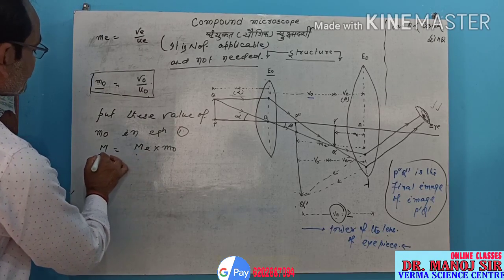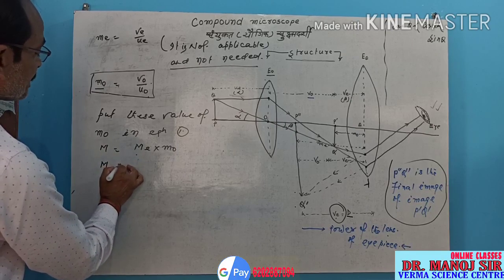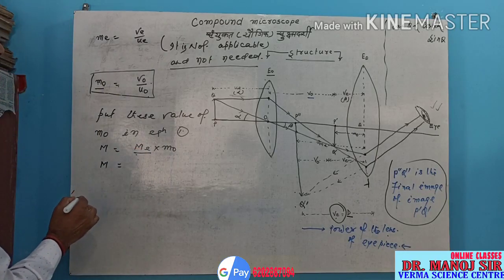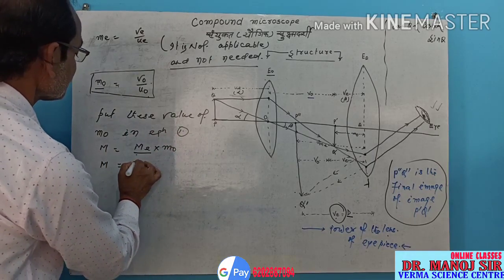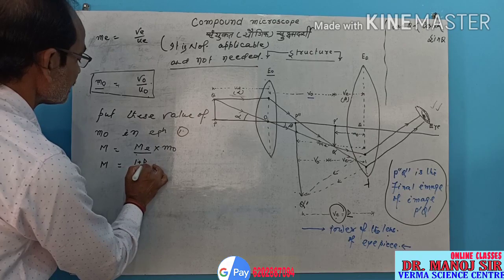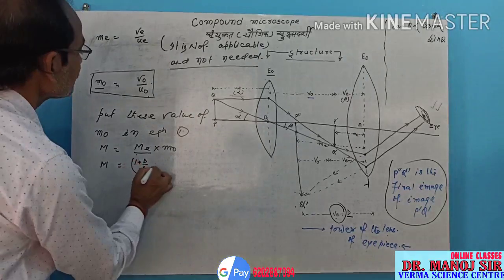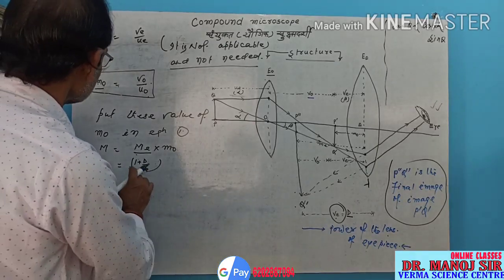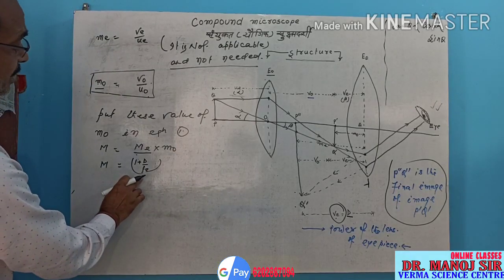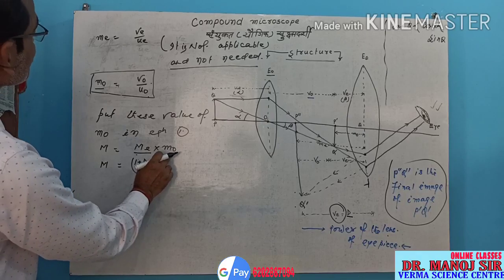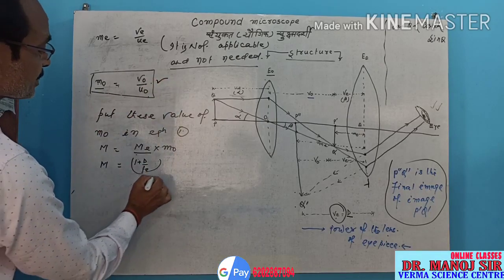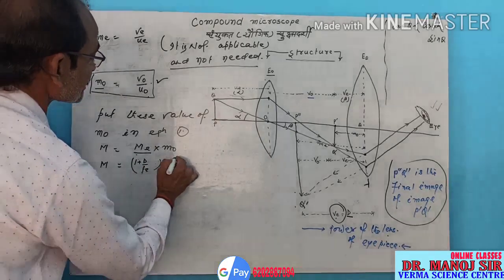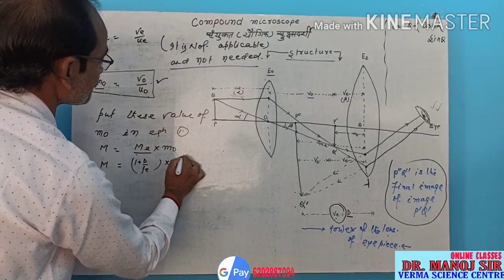M equal to ME into MO, the product where ME we get 1 plus D by FE, which we derived a few minutes ago, and MO is VO by UO.